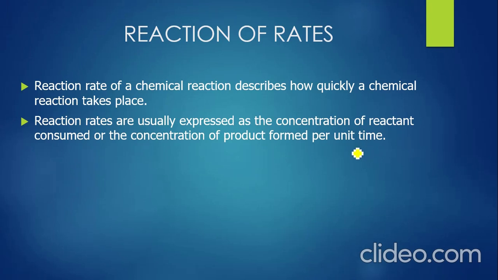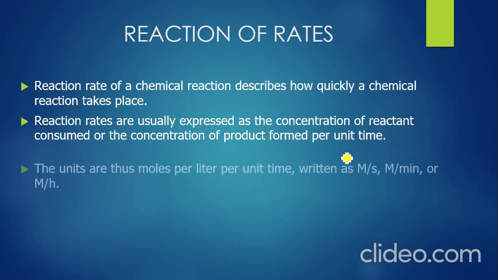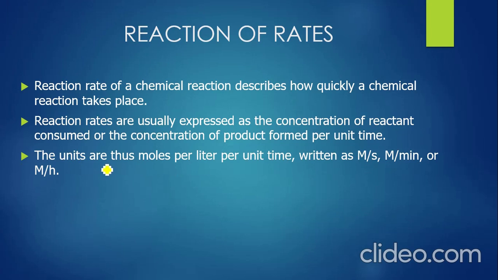Now that we know what the reaction rate is all about, you need to know the units for the reaction rate. The units for reaction rates are moles per liter per unit time, which can be written as mole per liter per second, or per minute, or per hour. It depends. And then you can ask yourself, why is it moles per liter per unit time?